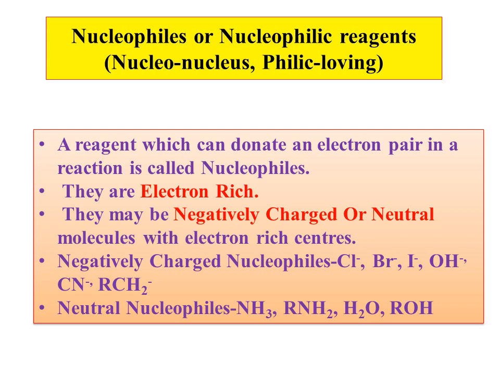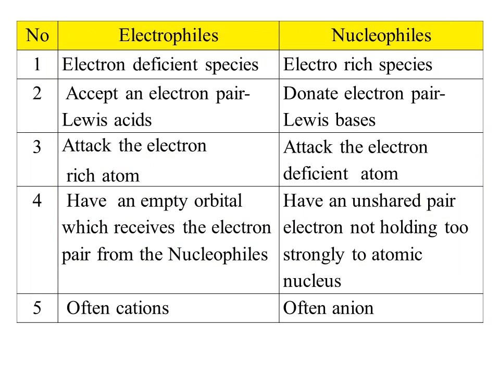They have a lone pair of electrons, like Cl minus, Br minus, I minus, OH minus, CN minus, RO minus, RCH2 minus, etc. But there are some neutral nucleophiles which act as Lewis bases, like ammonia, NH2, water. They are nucleophiles, no doubt, but they do not carry any charge. Such species we call nucleophiles or nucleophilic reagents.